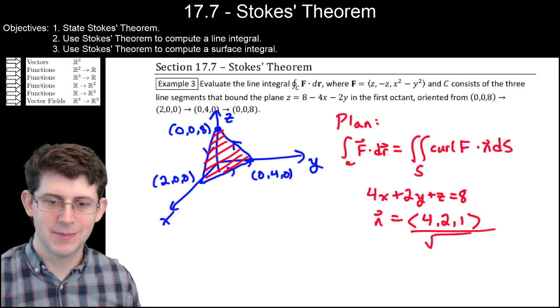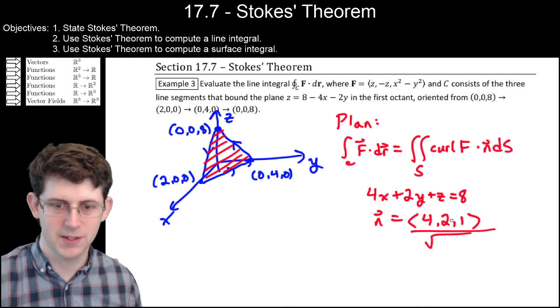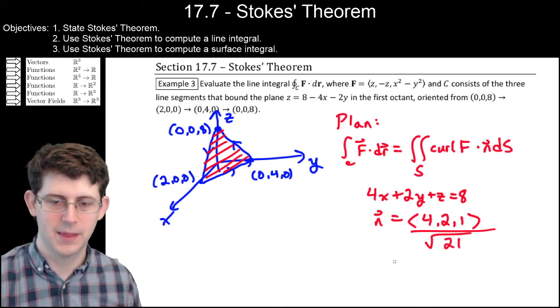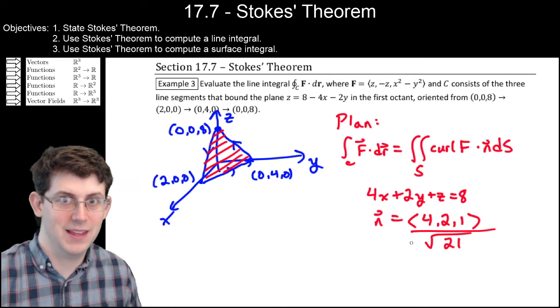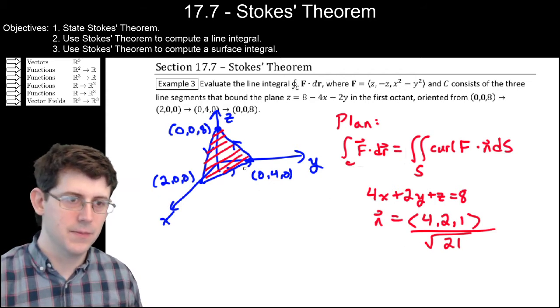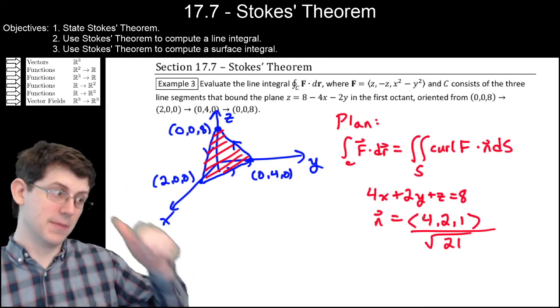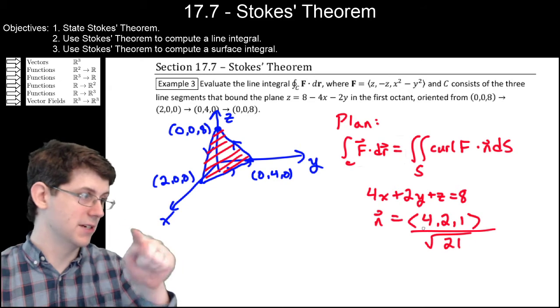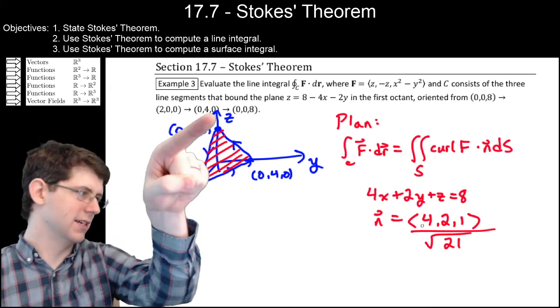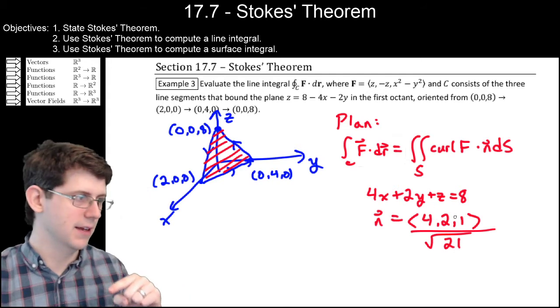You'd have to divide by its magnitude. 16 plus 4 is 20, plus 1 is 21. The only thing we have to check is whether this is pointing the right way. If this normal vector is pointing out from the origin, it's coming out of the page, because all its components are positive.